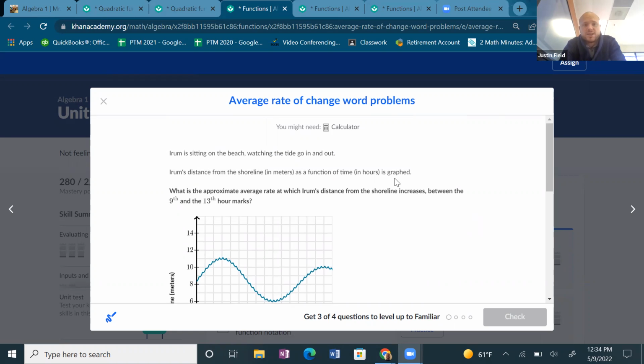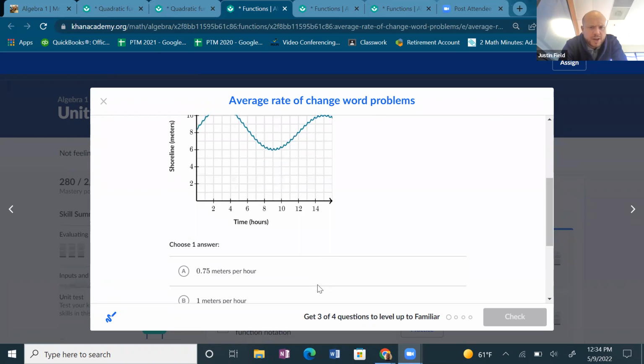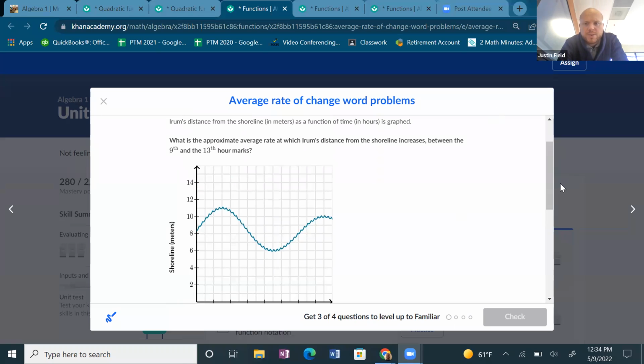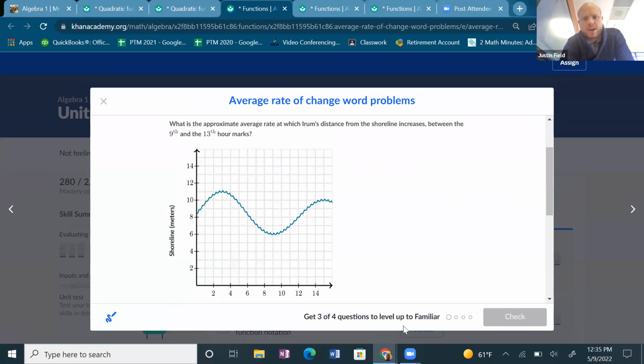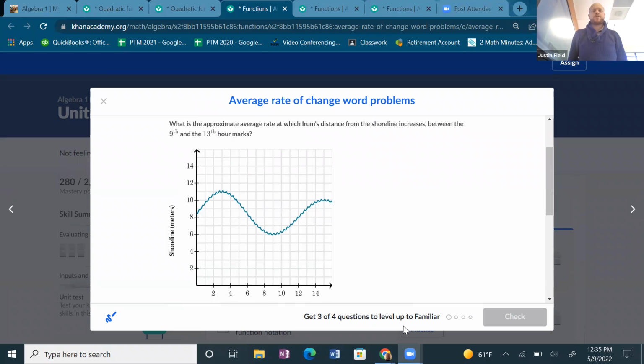Okay, so 9 and 13. Choose one answer. So we're just going to stop scrolling up and down, and we are going to put a mark at 9 and a mark at 13. And it said the approximate average rate of change, right? So it looks like 9 has a y value of 6 and 13 maybe 8.